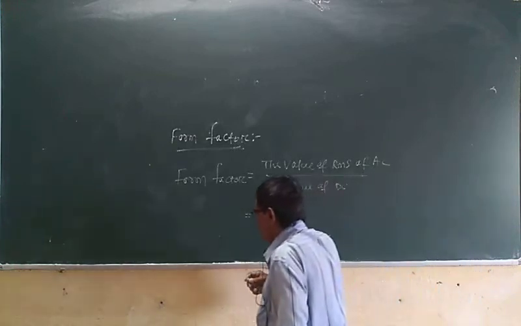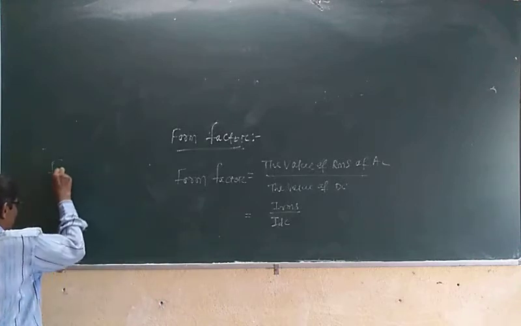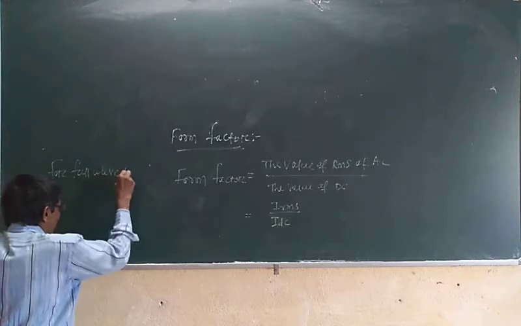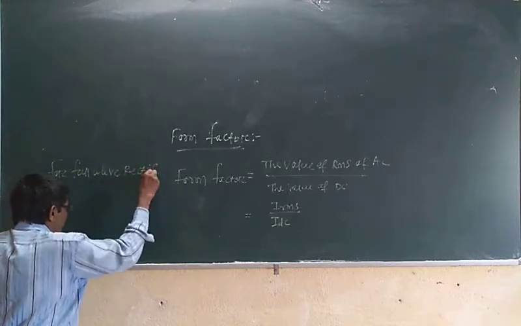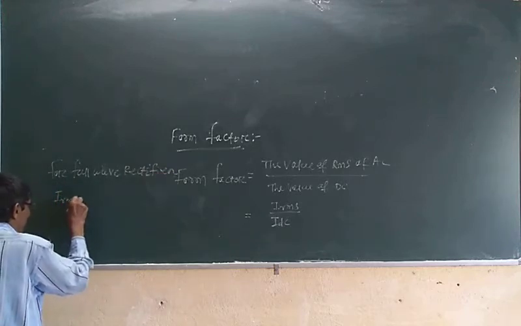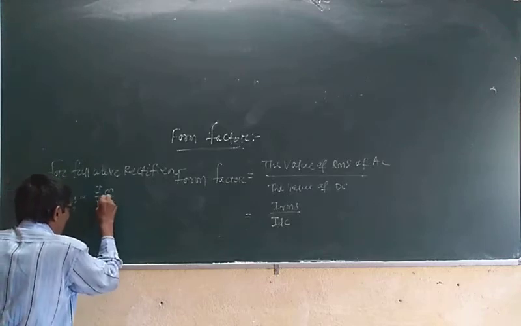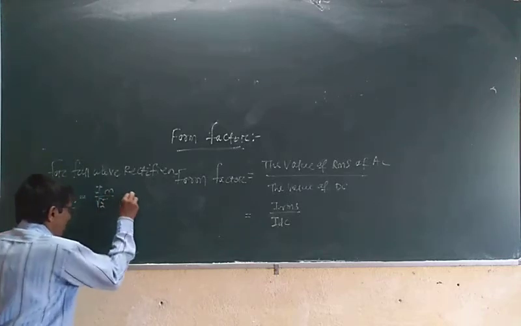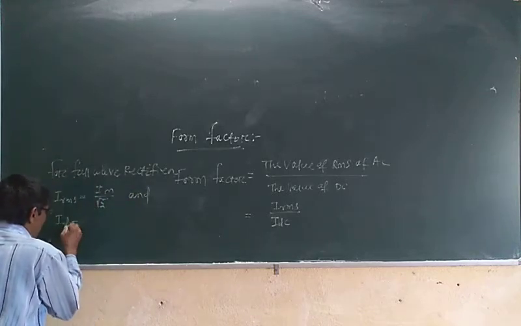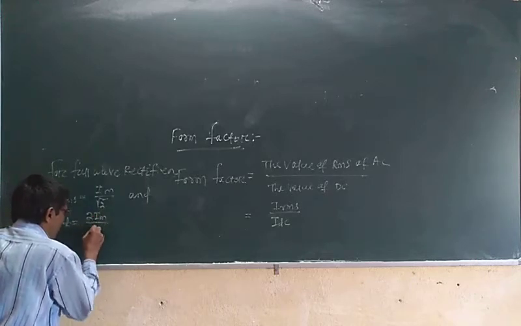Now in a full wave rectifier we can write IRMS equal to Im by root 2 and IDC equal to 2Im by pi.